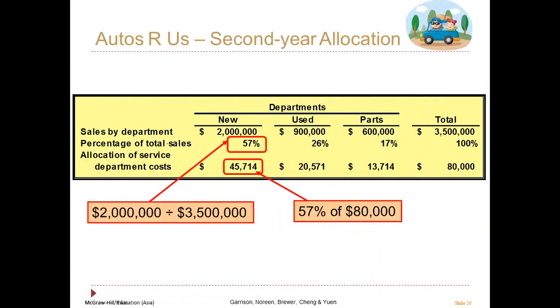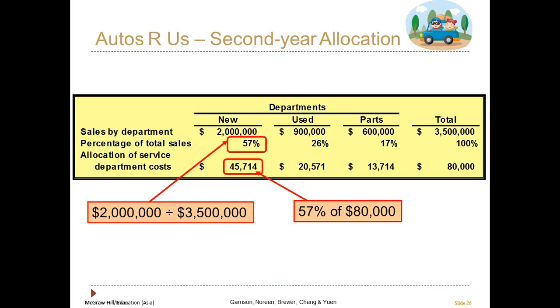In the second year, the sales of the new cars department are $2 million of the $3.5 million of total sales, which is 57%. We allocate the service department costs to the new cars department by multiplying 57% times $80,000. The result is $45,714.